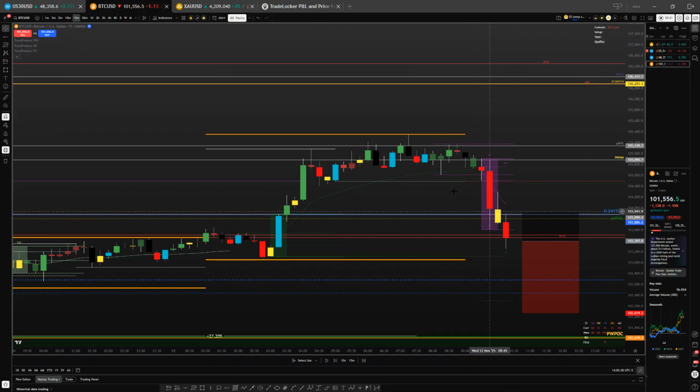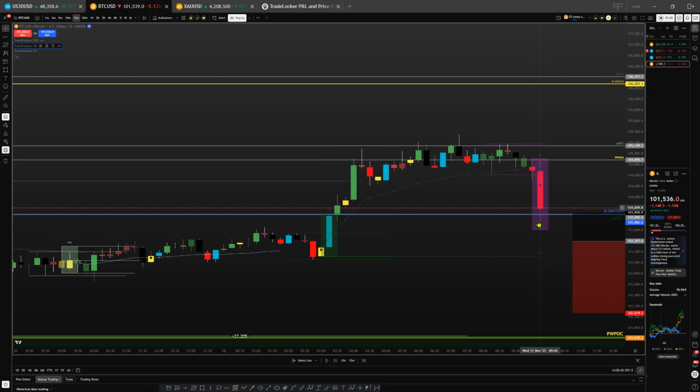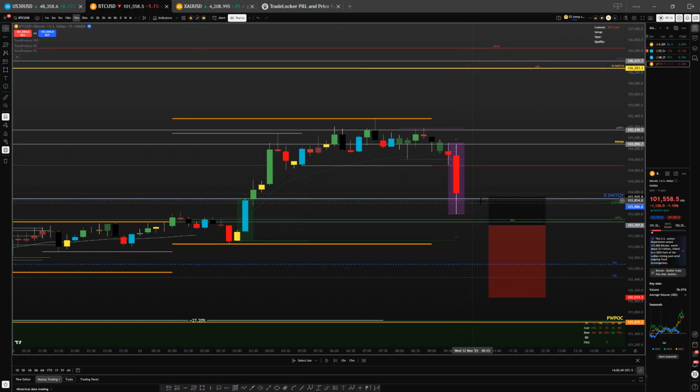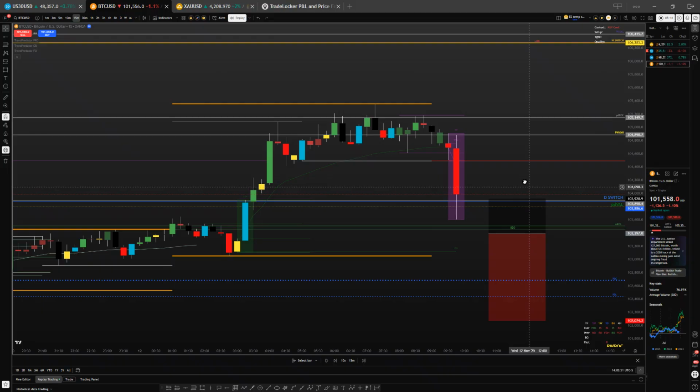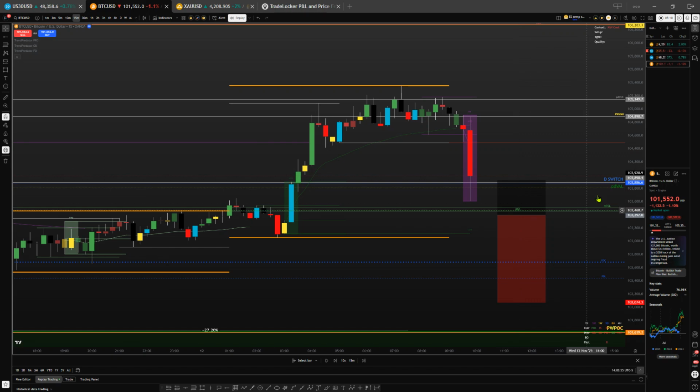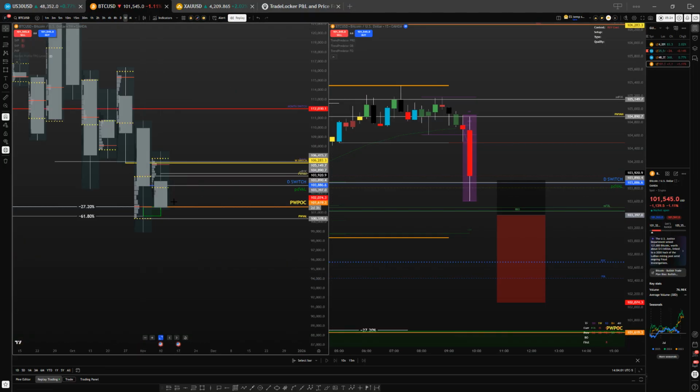A nice close over here into the daily switch level. So a bit of support in there, but the thesis is if we can get below that switch level that we've just looked at on the higher time frames, and below the previous day value area low, we can see that on this template over here.